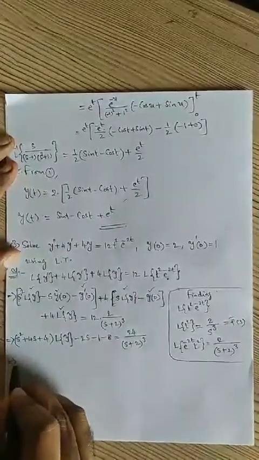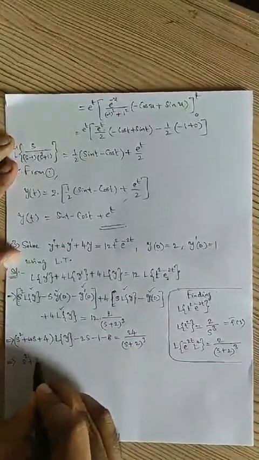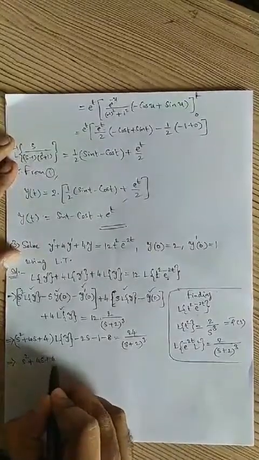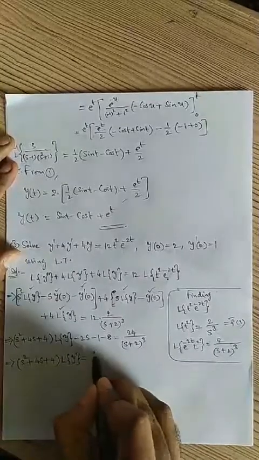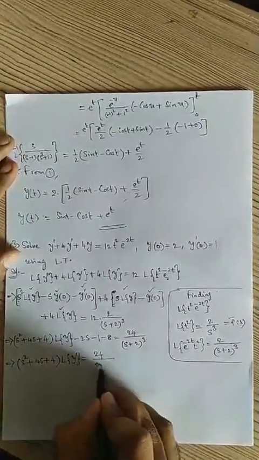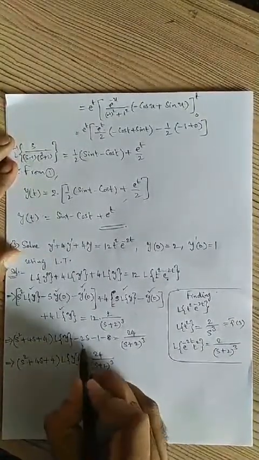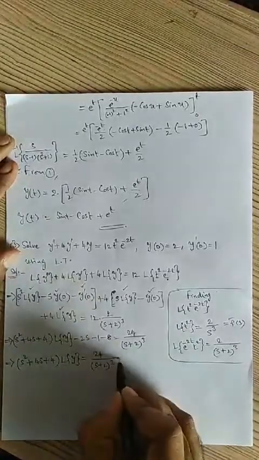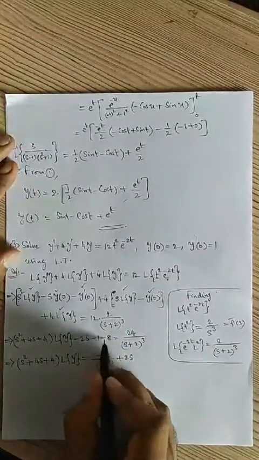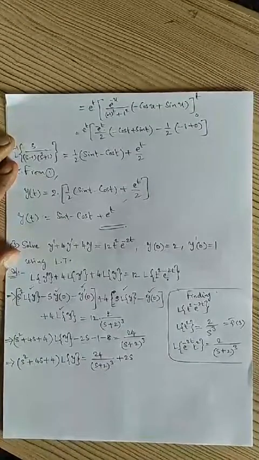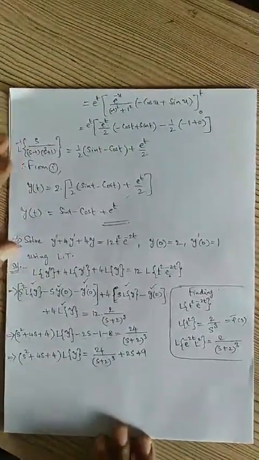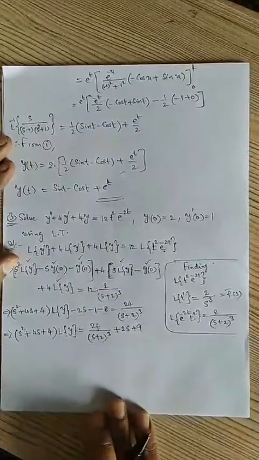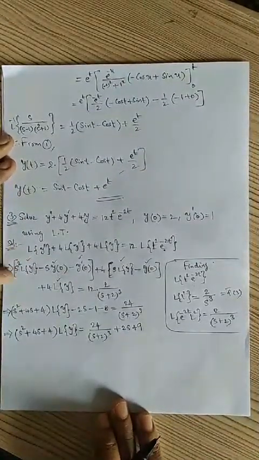Now this implies s square plus 4s plus 4 into Laplace transform of y is equal to 24 by s plus 2 whole cube. Now I am taking all these terms to the right hand side, plus 2s, and here minus 1 minus 8 is minus 9, which is plus 9. Right?